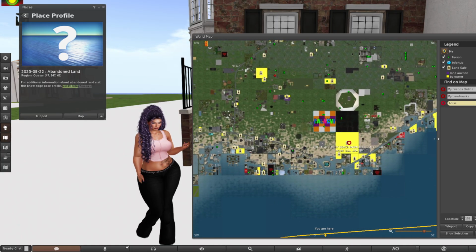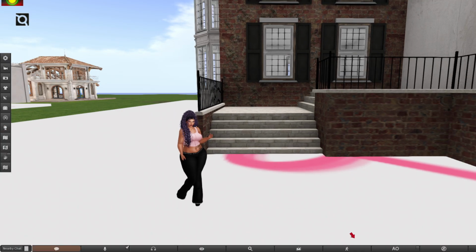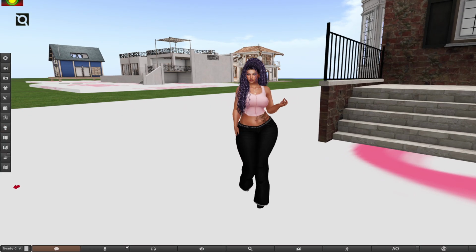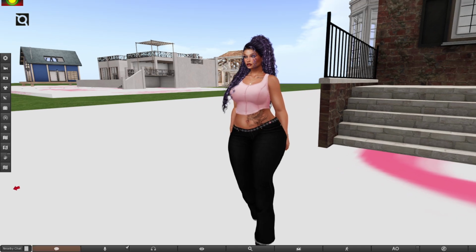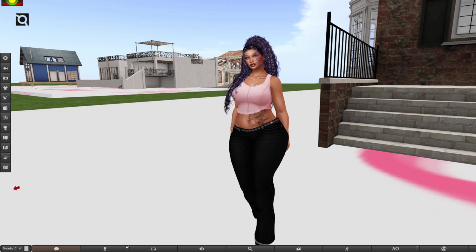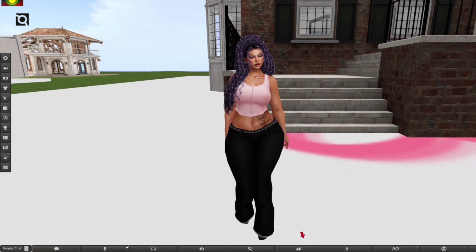But the bottom line is that when you buy or rent land in Second Life, you have two choices. If you're a member, you can either buy directly from Linden Lab and then pay them a tier based on how much land you actually have bought and own and how much your allowance is, right?